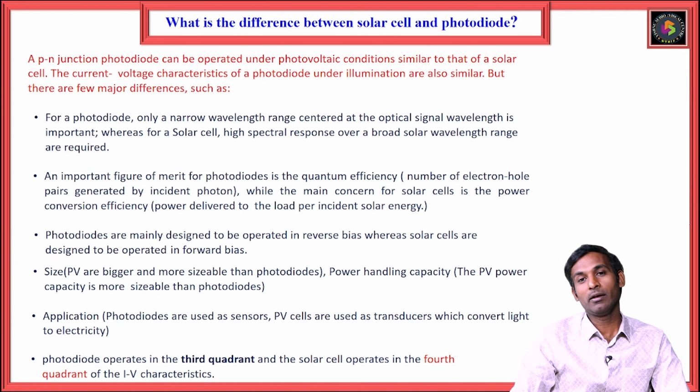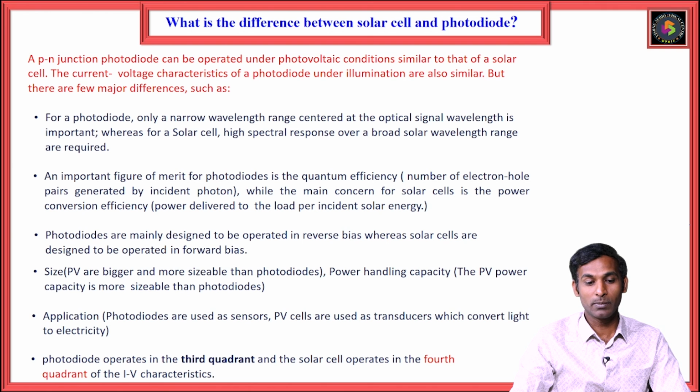That's why it is said to be a radiative recombination process in the photodiode. While the main concern for the solar cell is power conversion efficiency, that means the power delivered to the load per incident solar energy.